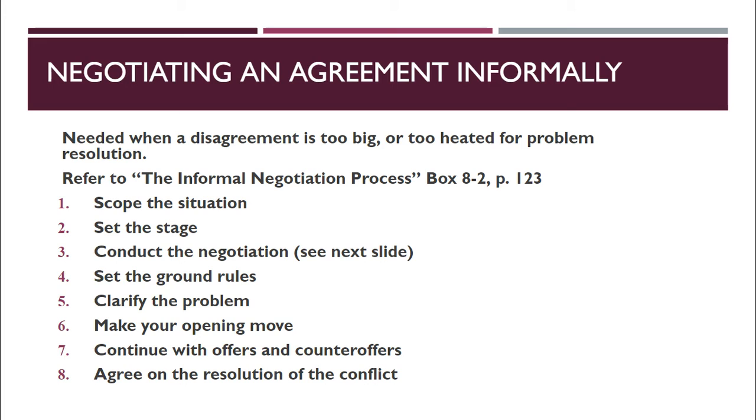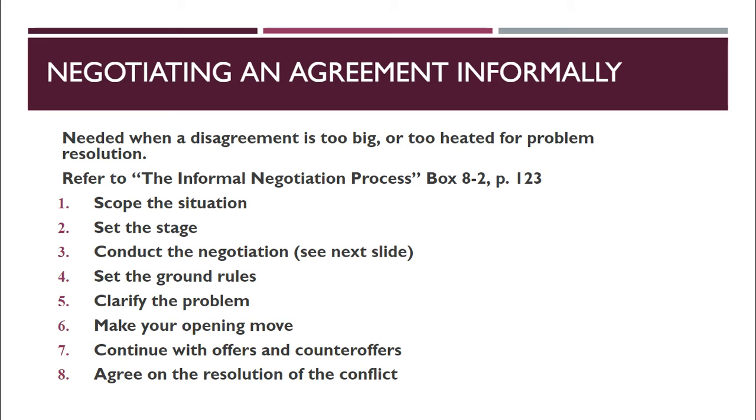So when a disagreement has become too big or too complex for problem solution to be successful, like the last figure that I showed you, you might need to utilize a more elaborate process to resolve the disagreement. This more elaborate process includes the informal negotiation process.